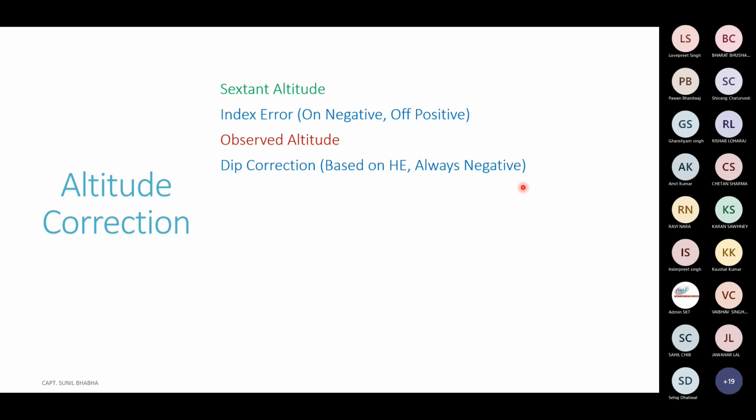In the coming slides, I'll show you the dip correction is obtained from the dip correction table given in the nautical almanac. So this is the second correction which we have applied. Once we apply the dip correction, we obtain the apparent altitude of the celestial body.